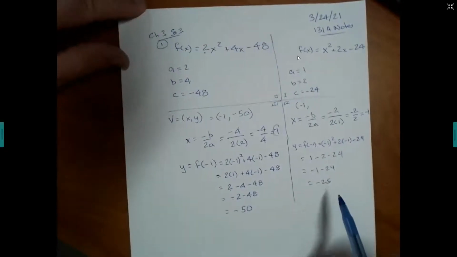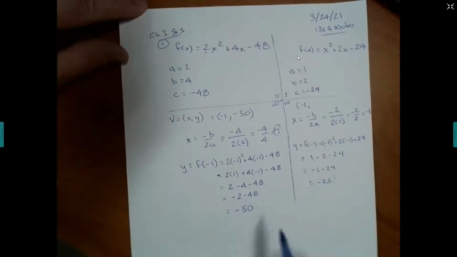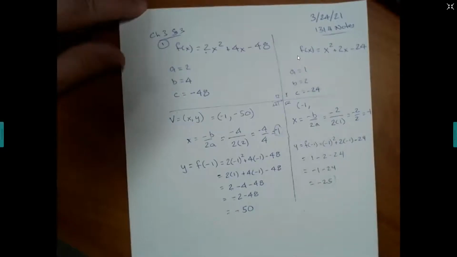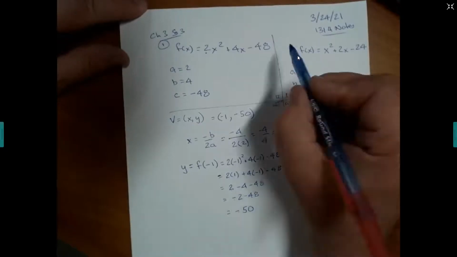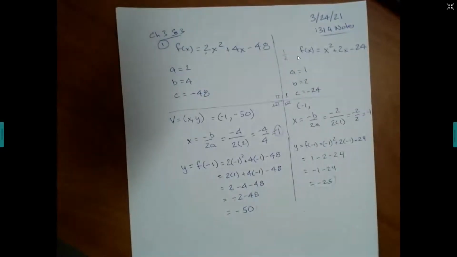What happened here? You notice how much smaller this one is than this one? Where did the half come from? Yeah, you've divided everybody by 2.